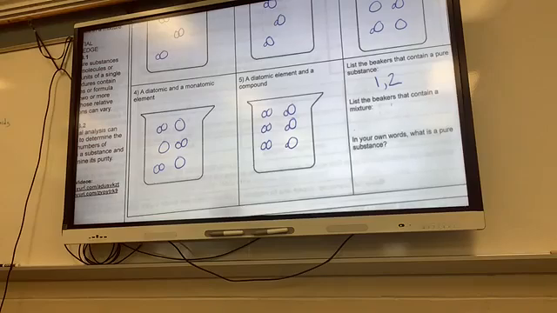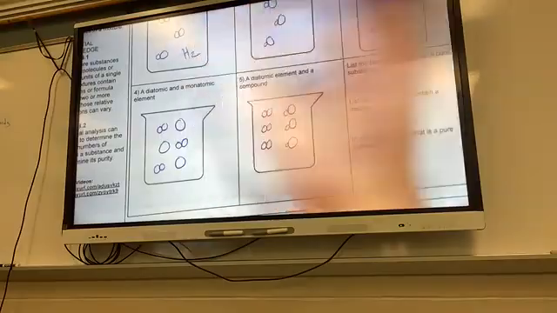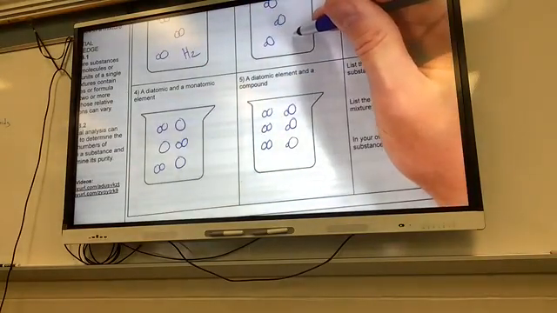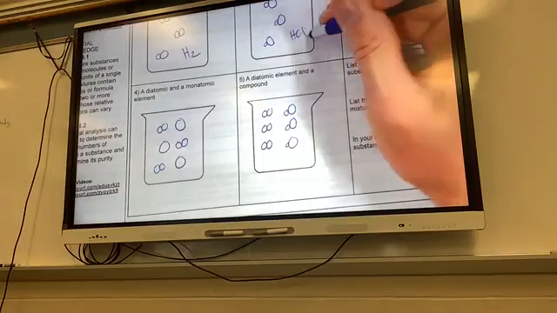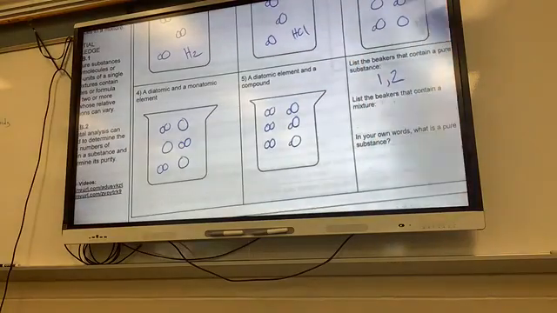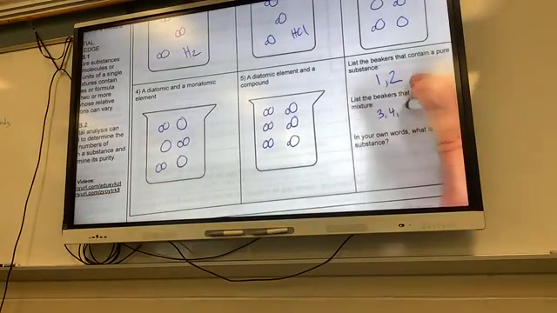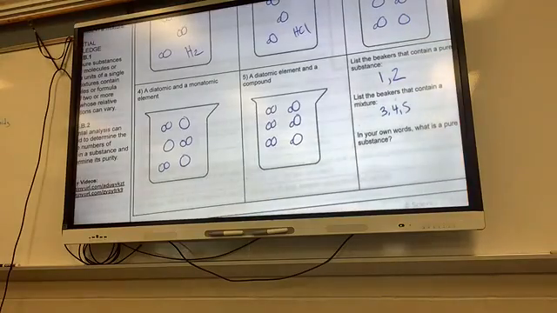This could be H2, but you don't know as much. I could write a formula for this, this could be HCl. I cannot write a formula for these because those are all mixtures. So beakers 3, 4, and 5 are mixtures.